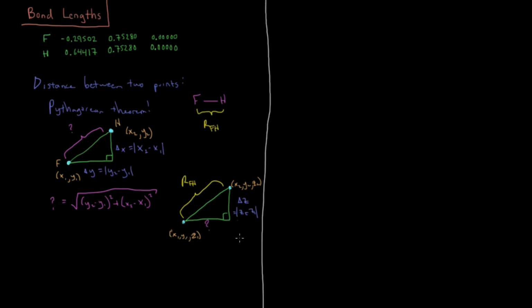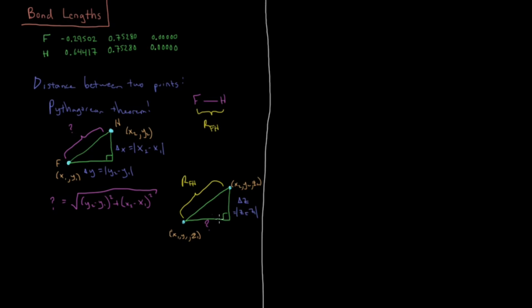Now if we do the Pythagorean theorem of these, we have y2 minus y1 squared plus x2 minus x1 squared, square root, and then that's going to be squared again, so the square root goes away. And we're going to have that plus the absolute value of z2 minus z1 squared as well, then the square root of the whole thing.